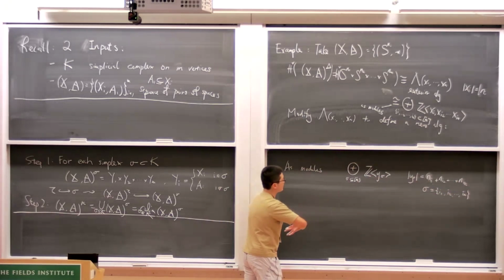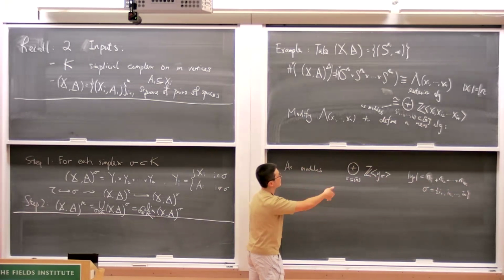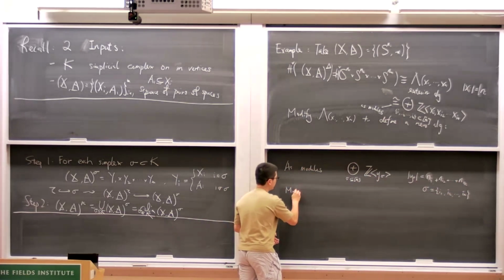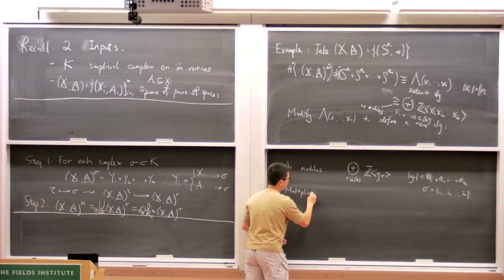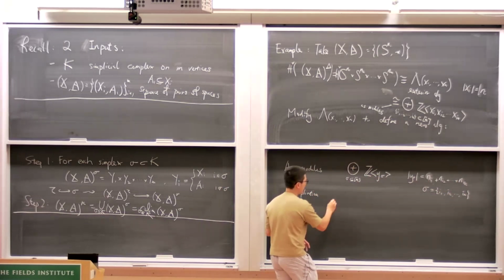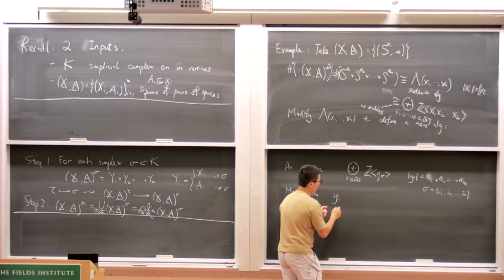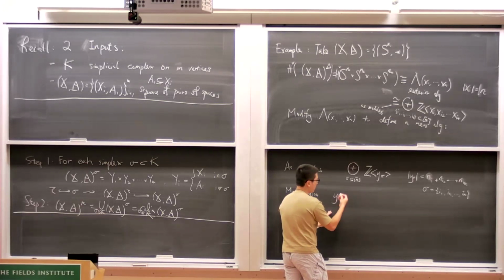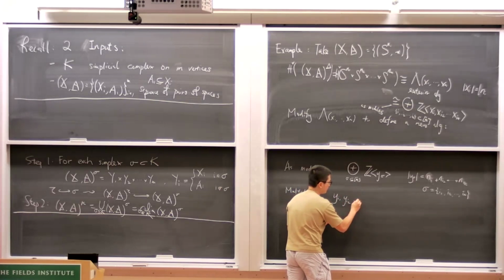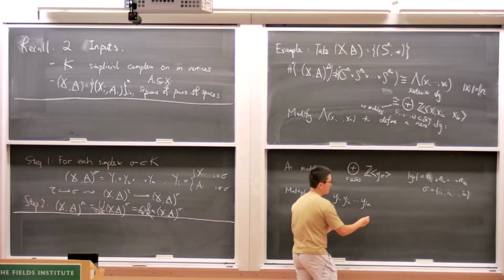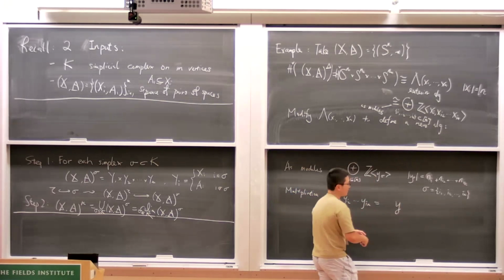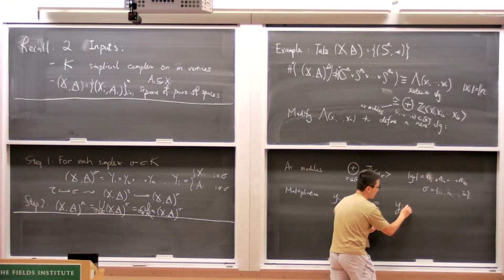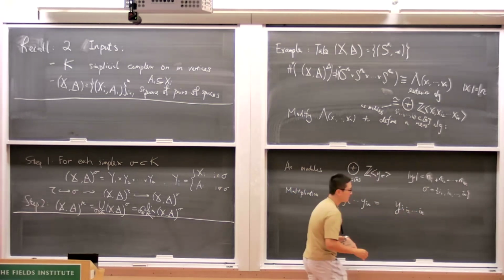So essentially, as modules, it is just the same as the exterior algebra, but we want to change the multiplications on this algebra as follows. If I try to multiply a bunch of generators, y I1 times y I2 and so on, in the exterior algebra case, this will just equal y sub I1, I2, and so on, Ik.